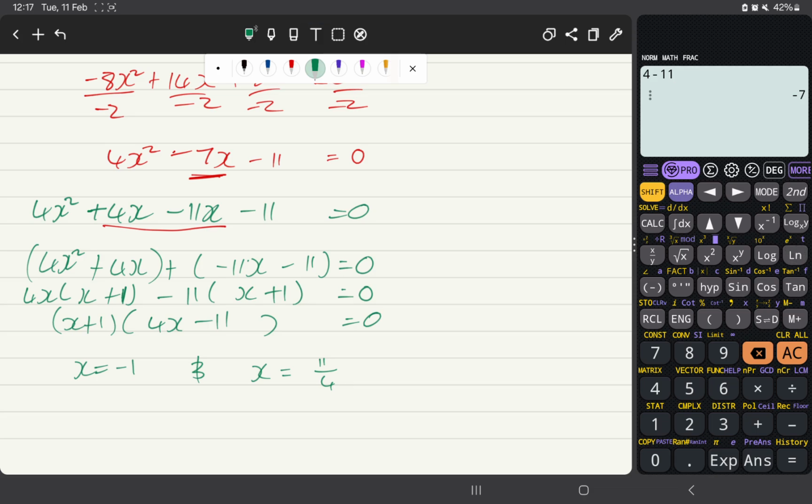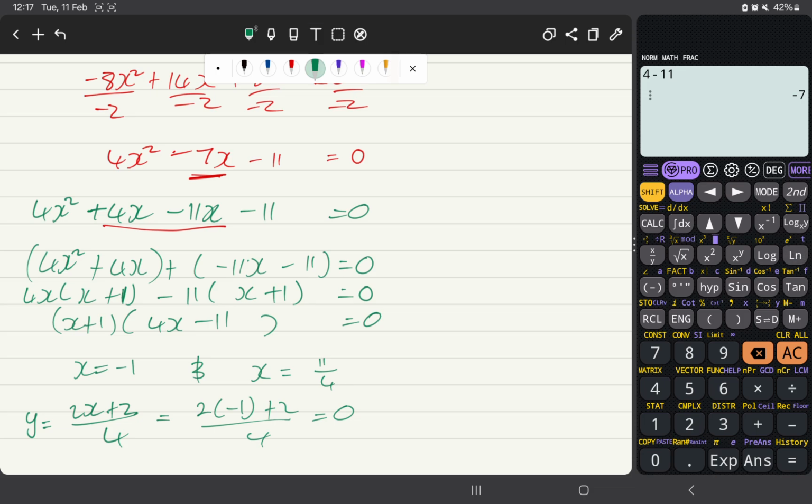Now remember, I have y equals 2x plus 2 over 4. I substitute minus 1: 2 times minus 1 plus 2 over 4 is 0.